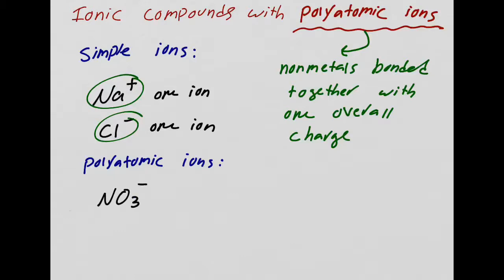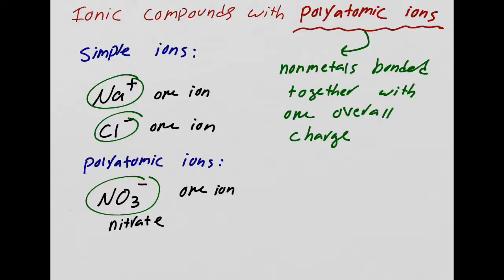Now NO3 minus 1 is one ion. That's what is so crazy about them. It's not nitrogen and 3 oxygen. No, this is one ion. What we call this is nitrate. It is one ion. So polyatomic ion is when you have a bunch of non-metals bonded together with one overall charge.